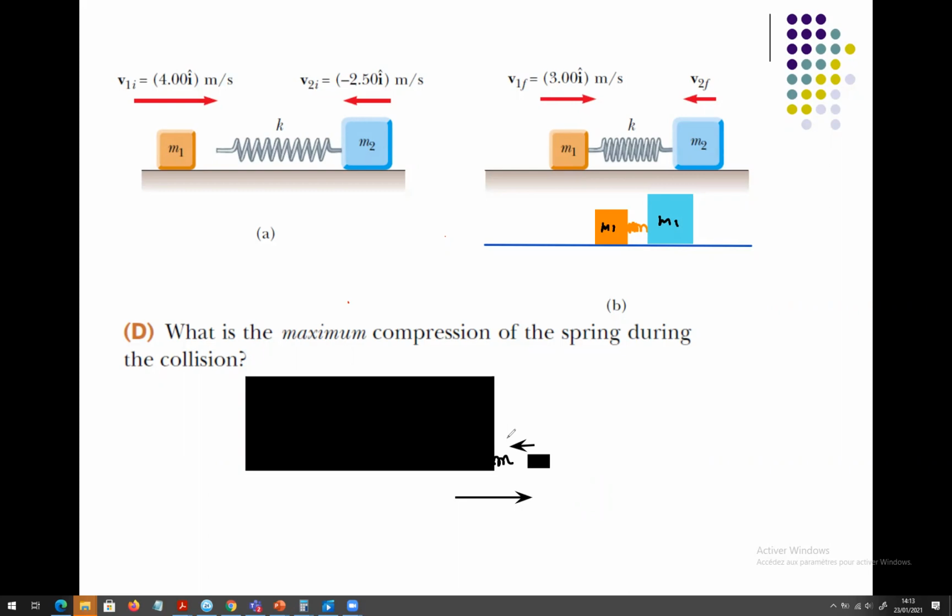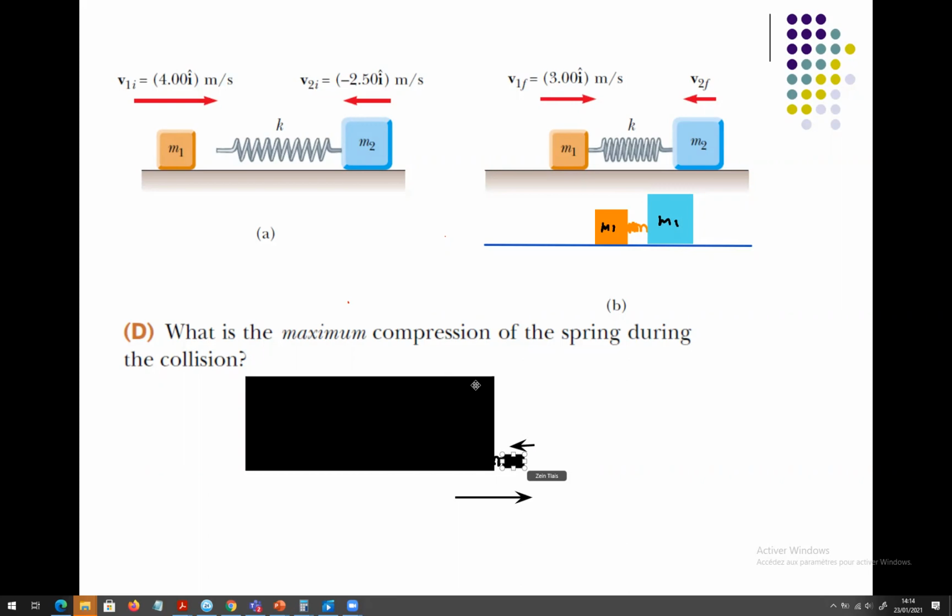Maybe, as we have a big object here, the system will continue to move to the right. At the maximum compression between the big one and the small one, the system will not stop, but continue to move to the right, because the big one has more force to push the small one to the right.